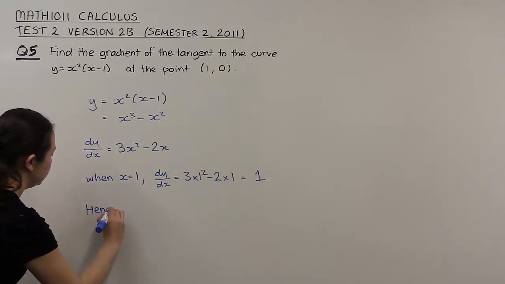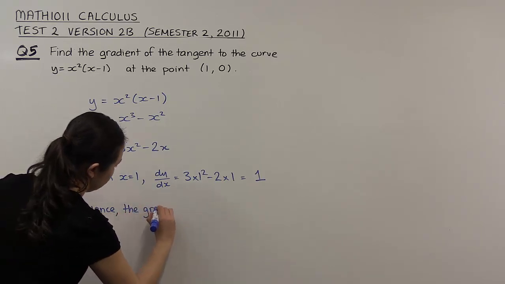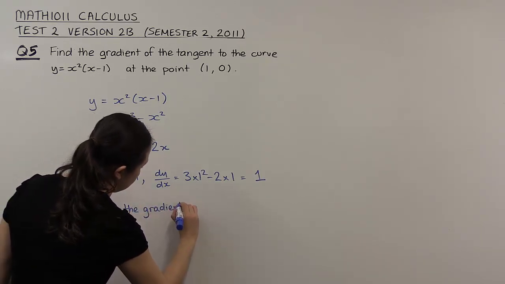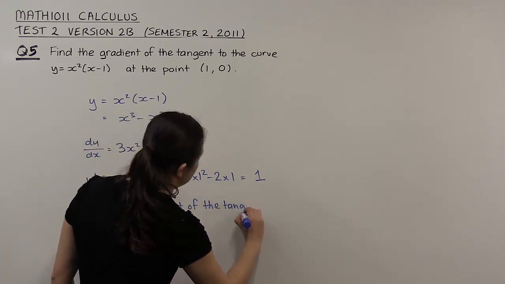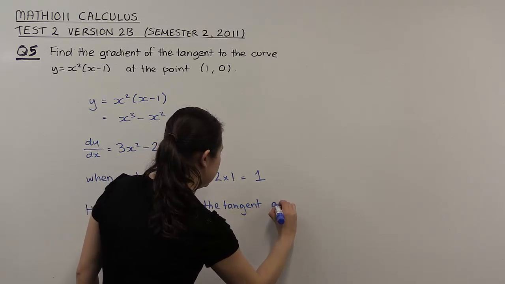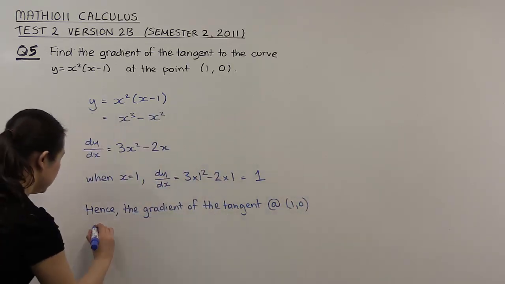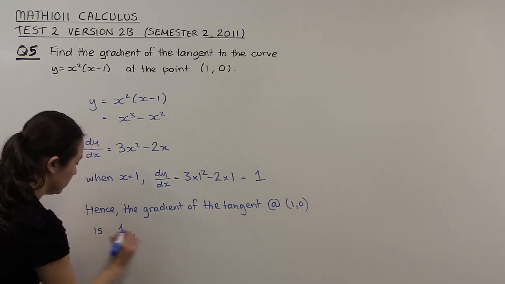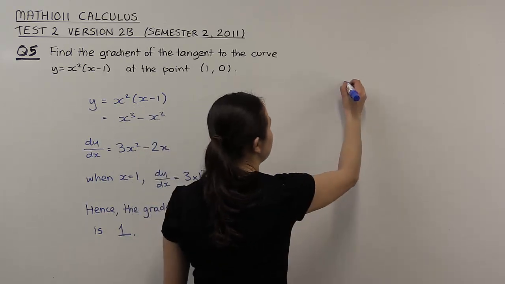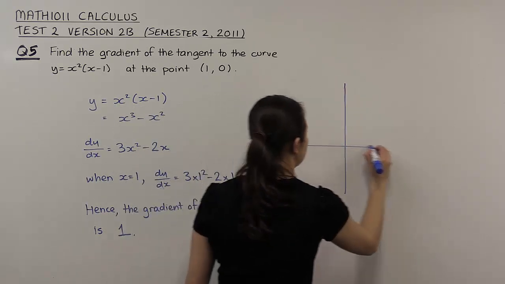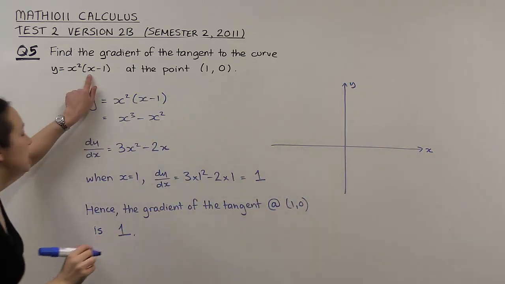So hence, the gradient of the tangent at 1, 0 is 1. So on a picture, what does that look like? Well, I know how to sketch x squared, x minus 1.